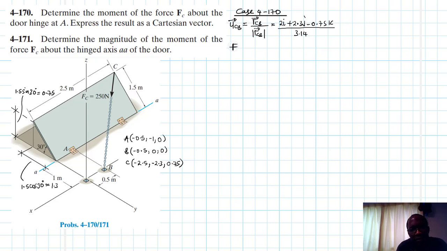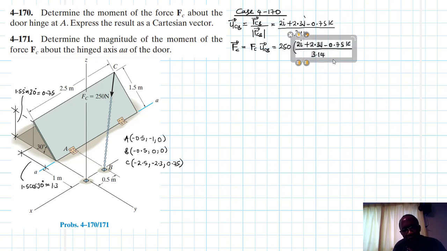Therefore, the force Fc is just going to be equal to the magnitude itself times the unit vector UCB, and this is equal to 250 times the unit vector, which we can plug in there like so.